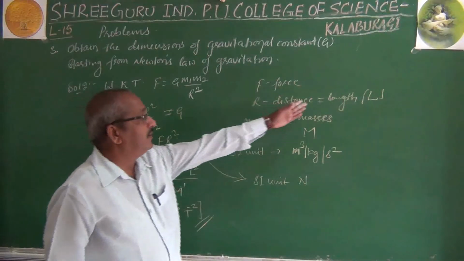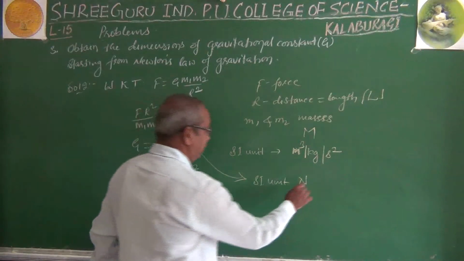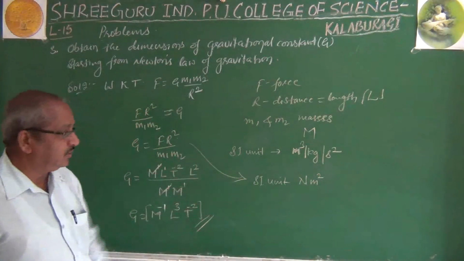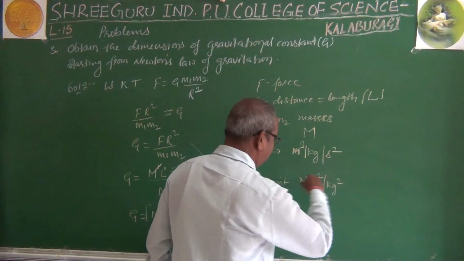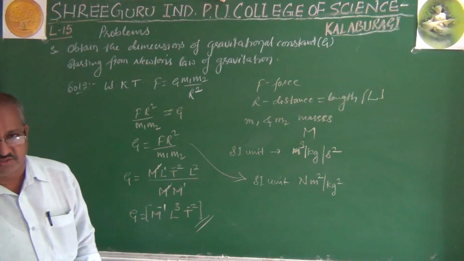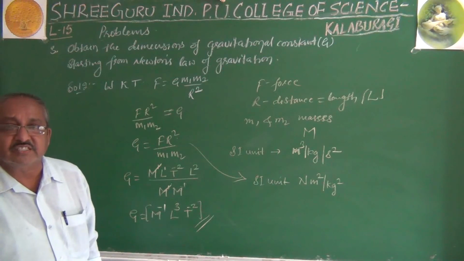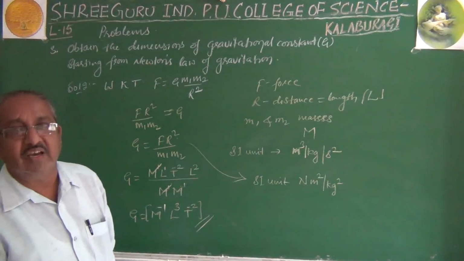Length is measured in terms of meters, so therefore this is meter square. Divided by mass, kg into kg, divided by means per kg square. This is also the SI unit of the gravitational constant, that is Newton meter square per kg square.